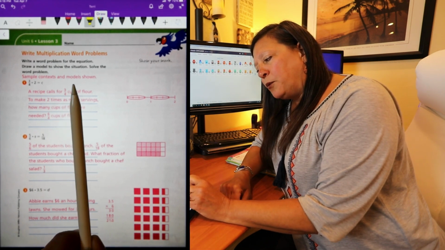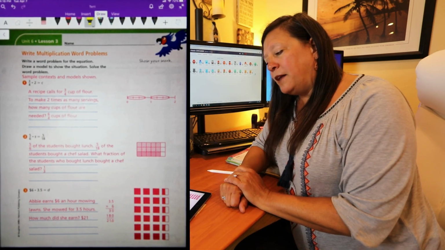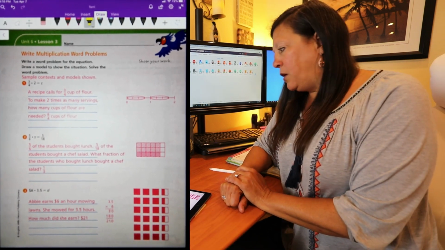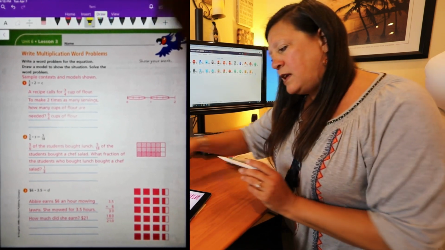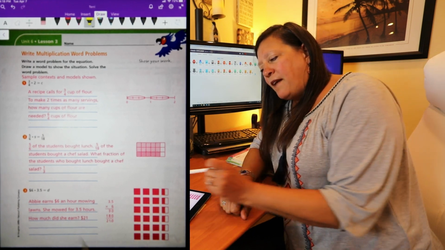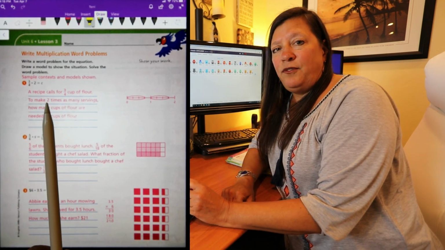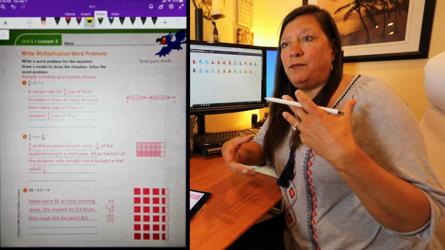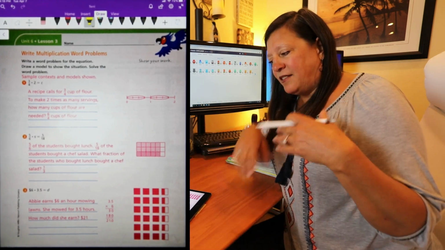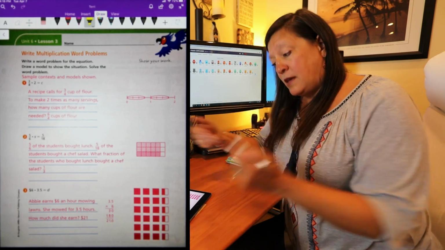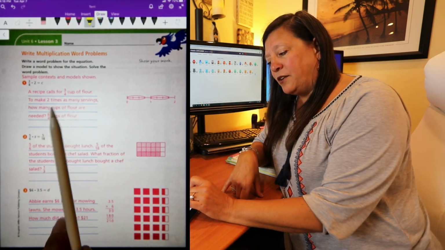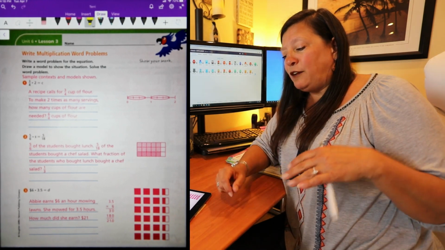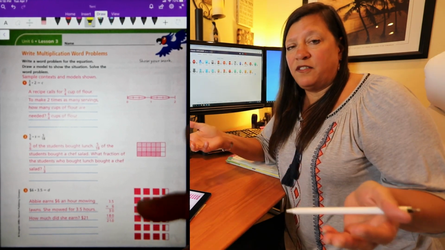All right, so write a word problem for the equation, draw a model to show the situation, and solve the word problems. Here we go, page 247 and number 1. We have 3/4 times 2, and the ones I like to use most with these is if you're making a recipe. For example, the recipe calls for 3/4 cup of flour and you want to make 2 times the recipe.